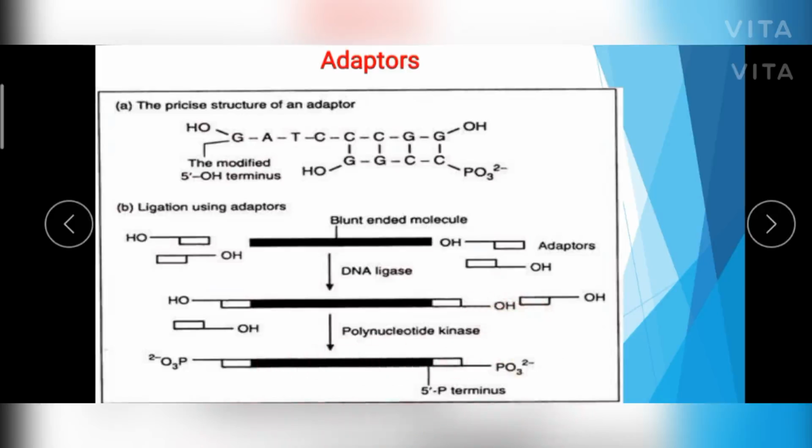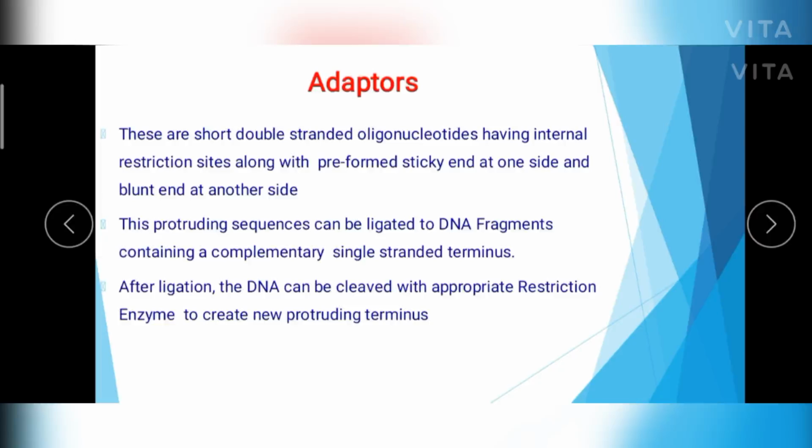In this manner the blunt ended fragment is converted to a sticky ended fragment by the usage of adapters, which act in a way similar to linkers, and they are used in gene cloning experiments.